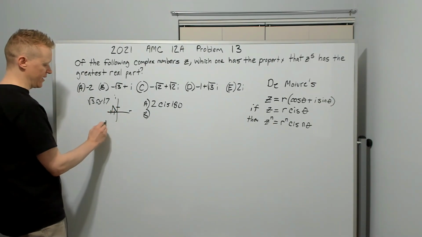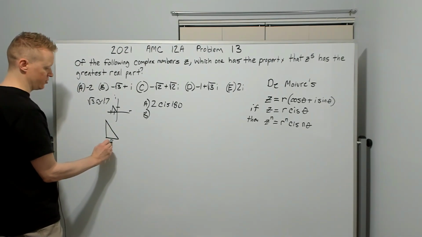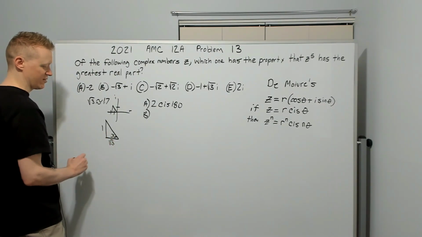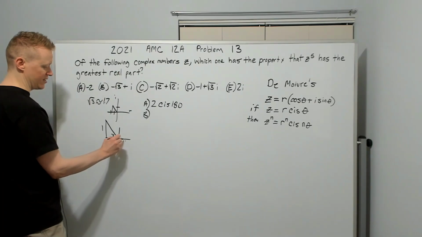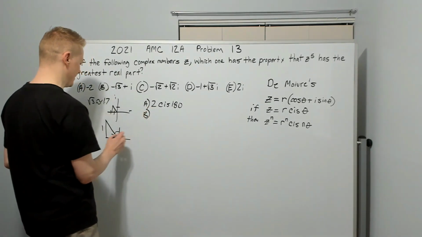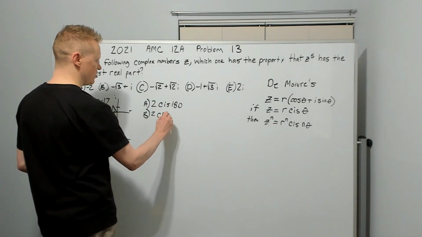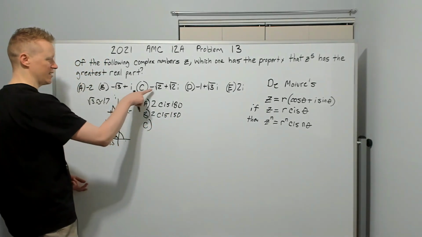So what does that mean? We've got a right triangle here, and you're going over √3 and up 1. Doesn't quite look like this. This would be 30 degrees, okay? And then that would mean the angle that creates it with the positive x-axis is 150. And the radius would be 2 by Pythagorean, 2 cis 150. All right, C, what's it going to be?